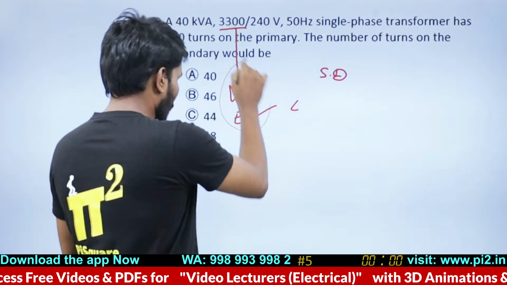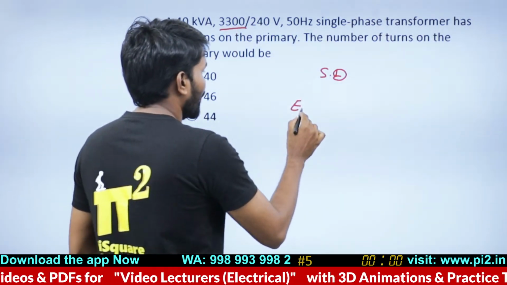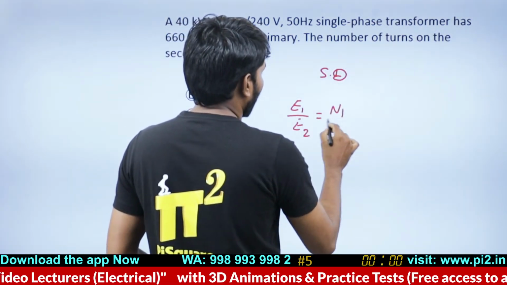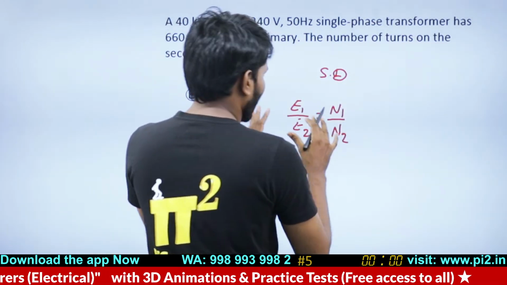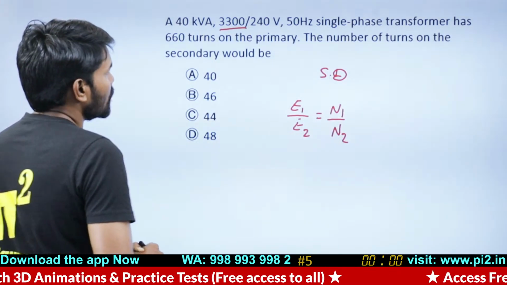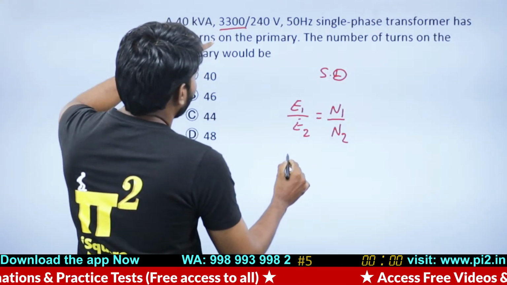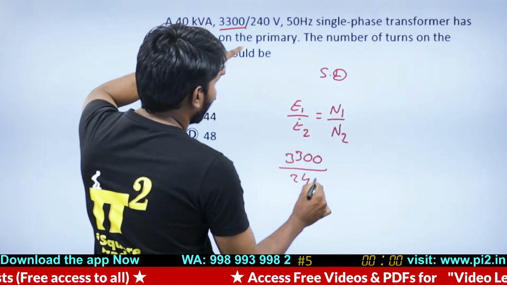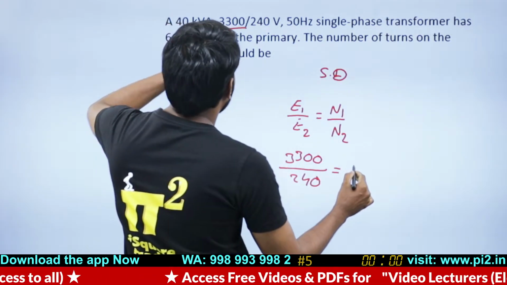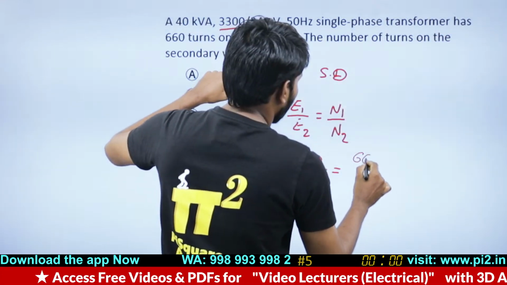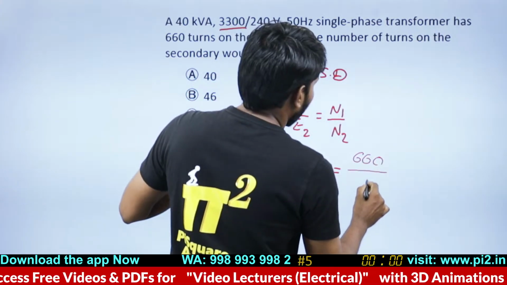And you already know the relation between E1 and E2 is equal to N1 by N2. We derived this equation with nice experimentation in the course. So 3300 by 240 is equal to the primary turns, which is 660, by N2.